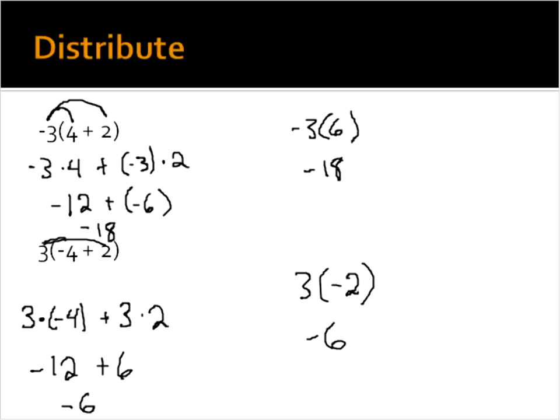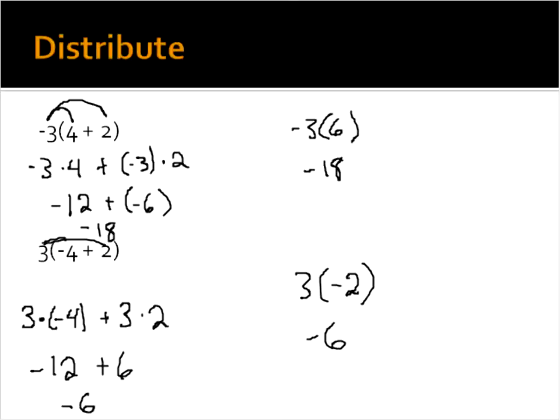So again, with this distributive property, when you have two numbers inside of the parentheses, it's not usually used that way. But we can use it that way, and this is to illustrate that using the distributive property will get you the same solution as just following the regular order of operations.